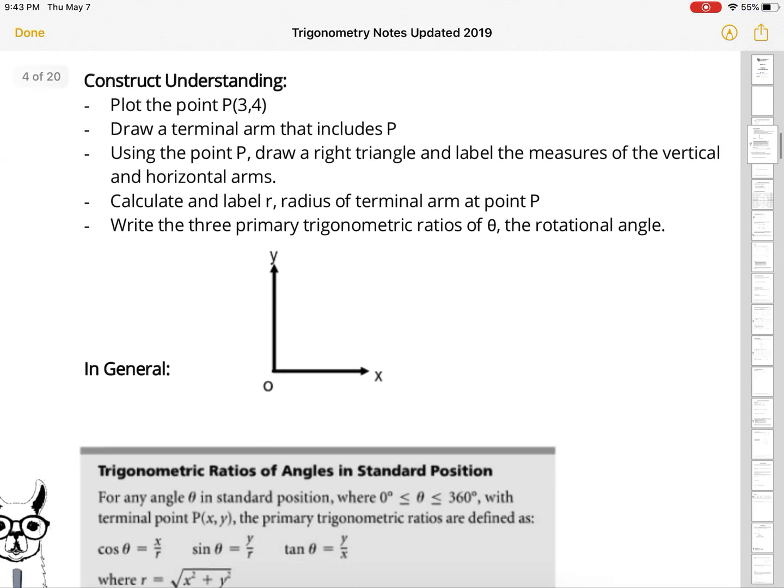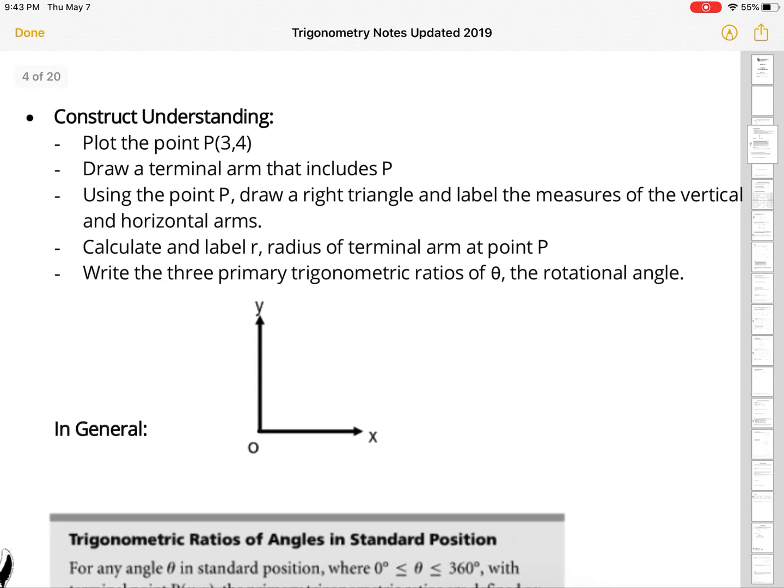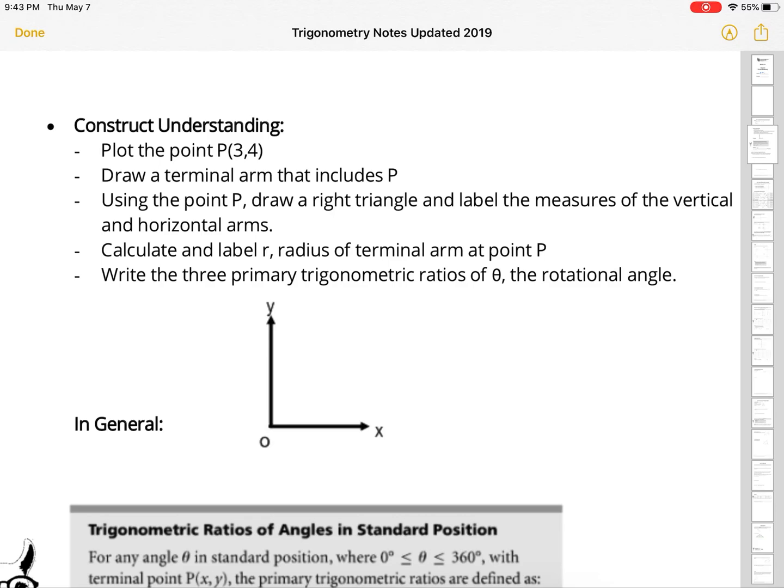Okay? We're going to use this a lot, and we're going to use our primary trig ratios to talk a lot about what's going on. So we want to construct some understanding here. This tells us to plot point (3, 4). So if we're going to plot 3, 4, that would be this point here. Okay, we draw a line.